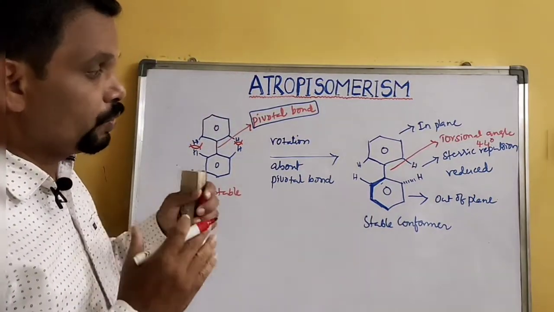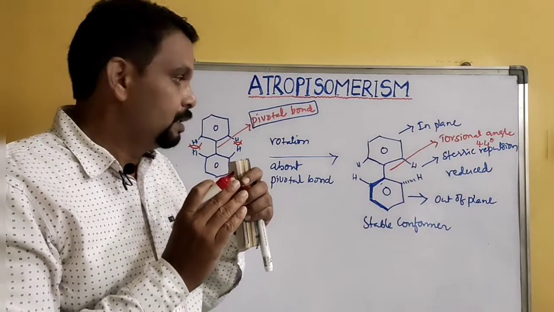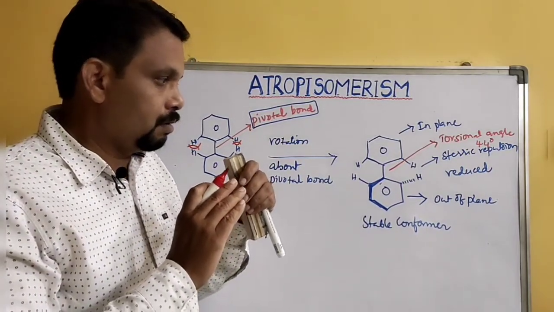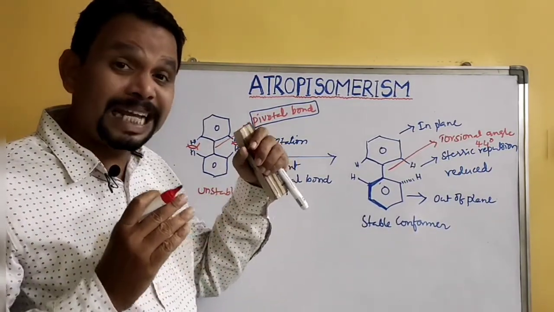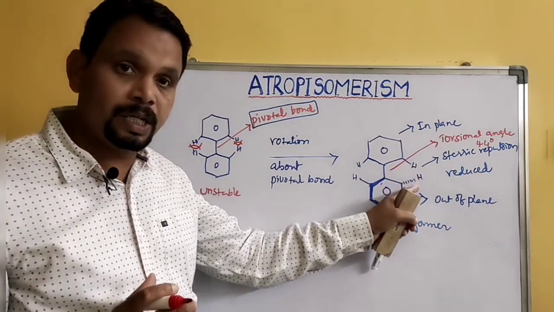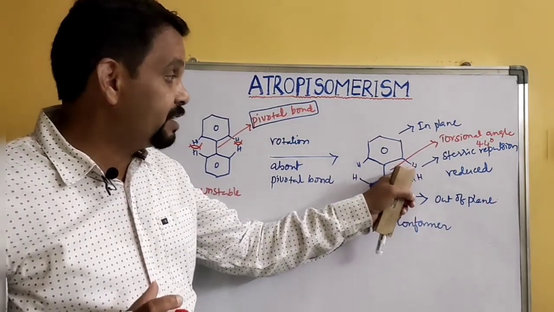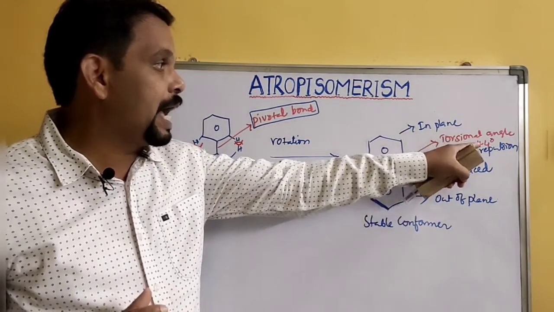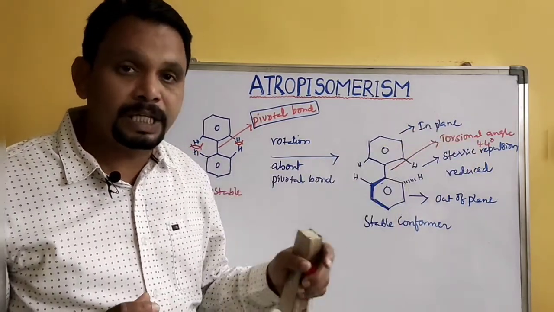These two rings can be rotated about 90 degrees if the substituents are bulky. But in the case of hydrogens, the torsional angle is about 44 degrees.